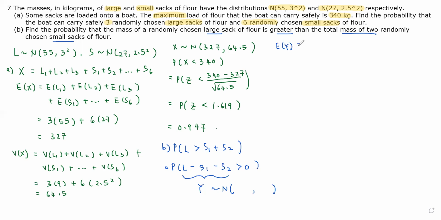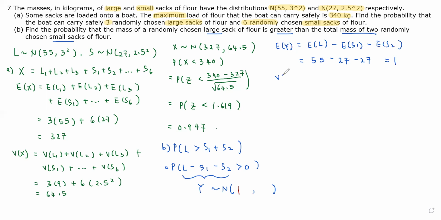The mean of Y is the mean of L minus the mean of S1 minus the mean of S2. We have 55 minus 27 minus 27, which is 1. So we know that the mean is 1.